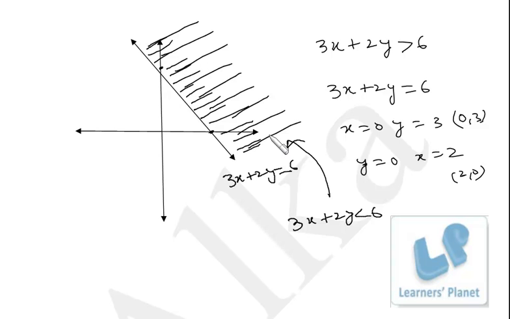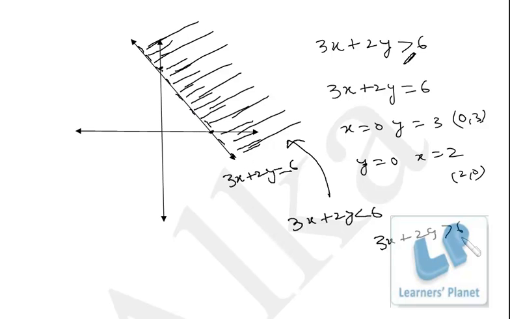Generally we draw a broken line to showcase the greater than sign. If it is greater than or equal to, then we draw a solid line. Because on this line 3x plus 2y is equal to 6, we cannot include this line if 3x plus 2y is greater than 6. So this line will not be included. When the line is not included, we draw a broken line.